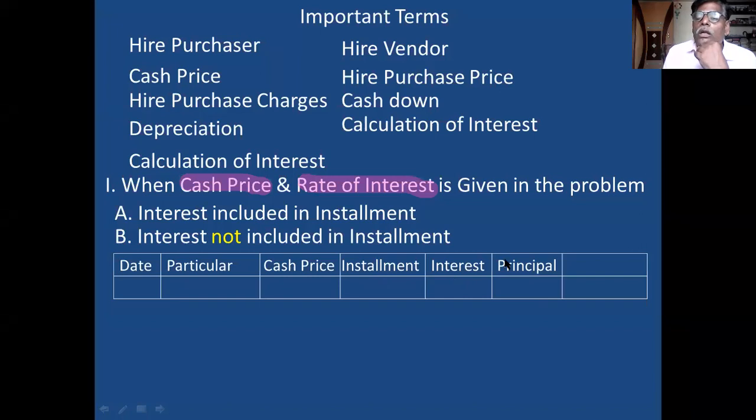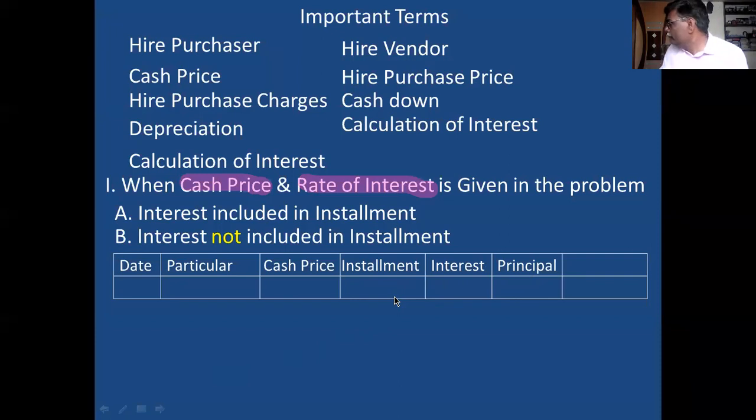This column is calculated on the basis of installment minus interest is equal to principal. Take the installment amount, subtract the interest, and you get the principal. Okay, this is the principal column.